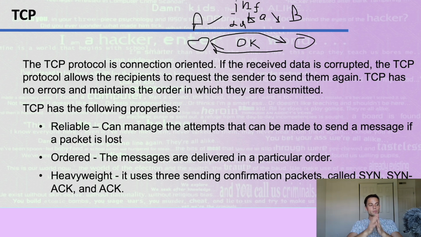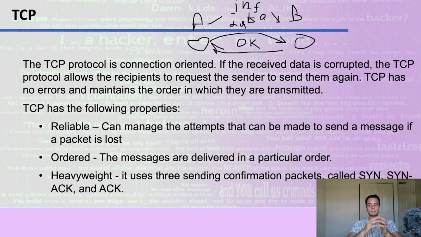And the other reason for preferring TCP is that, for example, if you are sending a message between two machines, they can communicate properly and know the status of the message that is being transmitted between them. So as the main properties of the TCP, we can say that it is reliable, and this is because the TCP protocol has the ability to manage attempts that can be made for sending a message if, for example, a packet is lost or corrupted and so on.